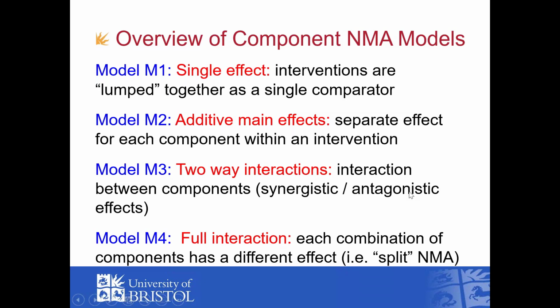So there could be antagonistic effects where the interactions are negative. And the most complex model that we could fit would be a full interaction model where every different combination of components is considered to be a distinct treatment. And Debbie showed you the picture of the network, and that's like having a network meta-analysis where each combination is considered separately. And the problem with that tends to be that we have very imprecise estimates.